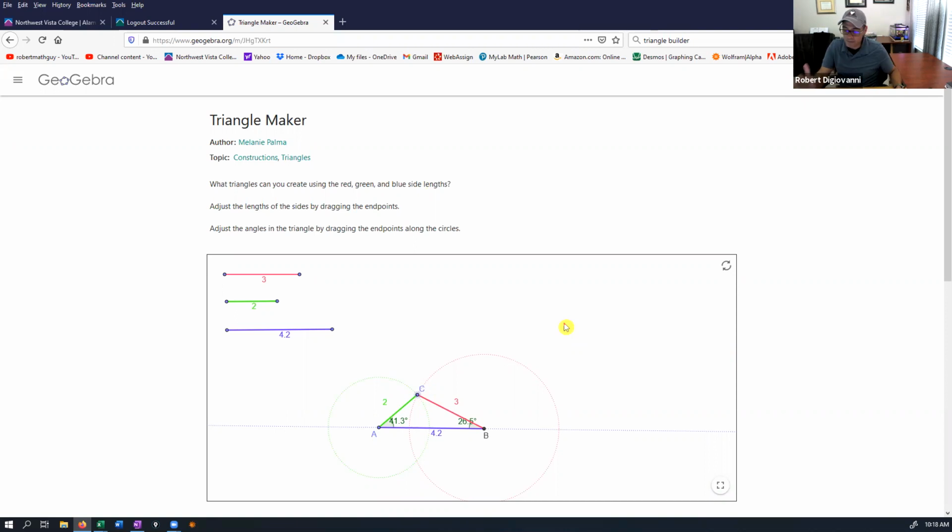And the things that were fixed here were this had to be 3, this had to be 2, and this angle had to be maintained. There's no way that I can move this. I cannot change this and swing this out to create a new triangle. I can get this really close, but I cannot swing this to touch that other corner. It's impossible. So that's why we only have one answer here.